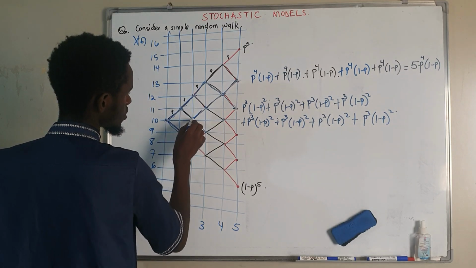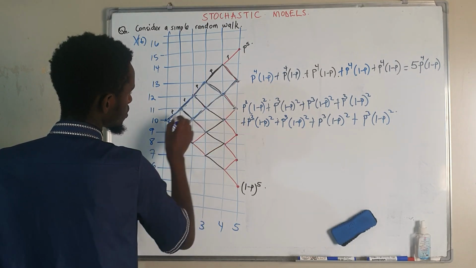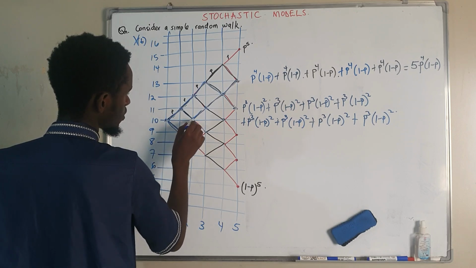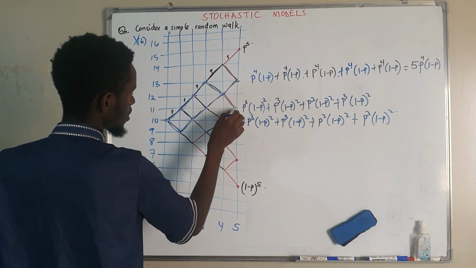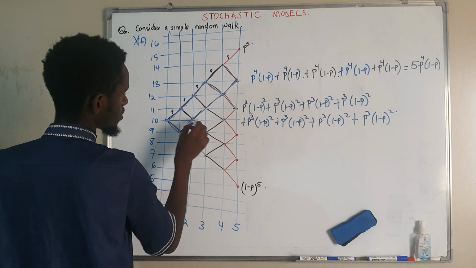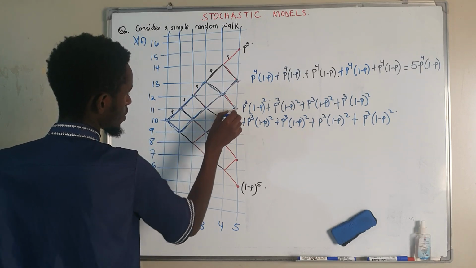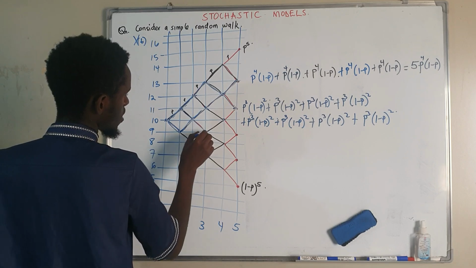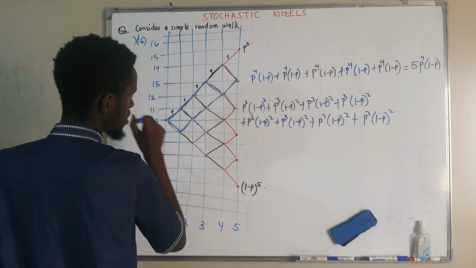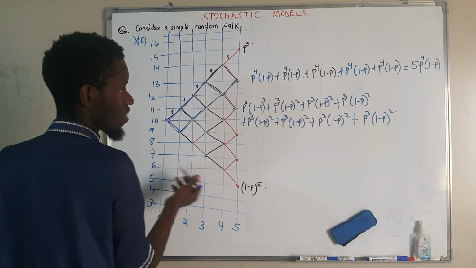Sorry, like this. 7. 7 is coming like this. 8, 9. Then the last one is coming. They have to be 10.